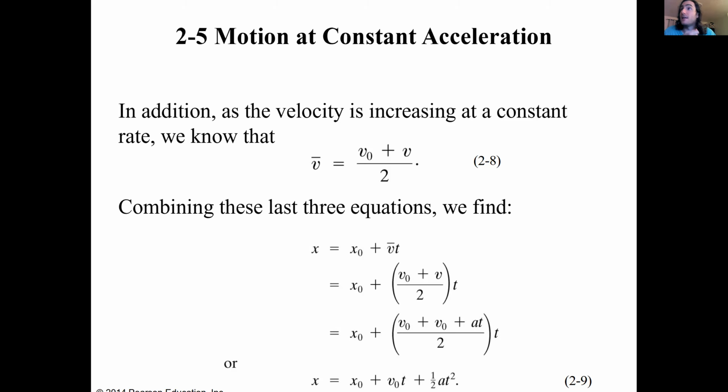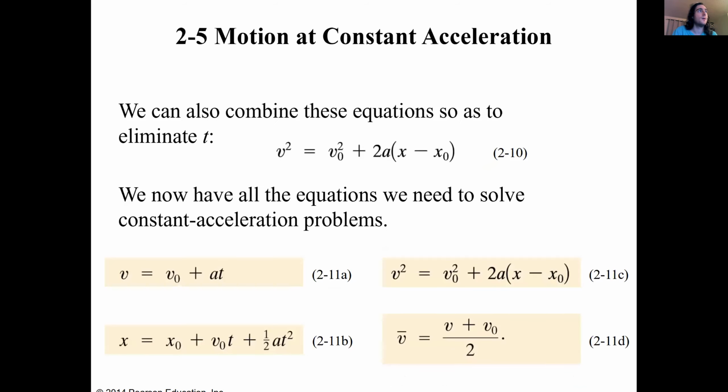You can see that the units work out, but there's an extra factor of 1/2. That's the part you have to remember. Acceleration is meters per second squared. t is seconds, so t squared is seconds squared. Meters per second squared times seconds squared gives you meters. Any questions about that?